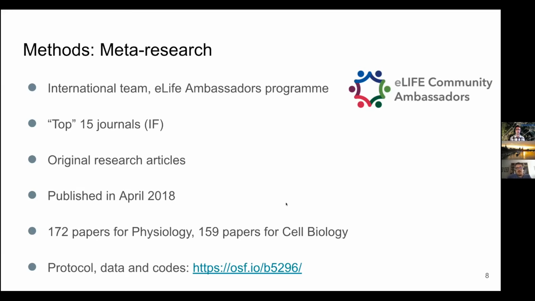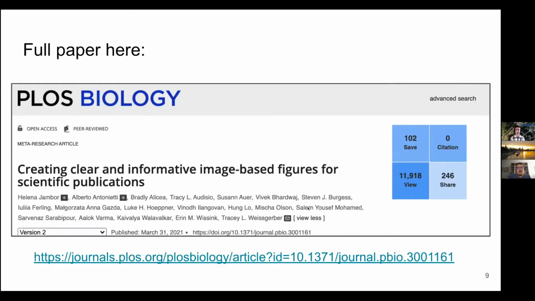A third field was plant science, but it's of less interest for neuroscientists. And we screened hundreds of papers in order to evaluate how figures with bioimages were reported. You can find the full protocol, data, and code on OSF. Today, I will just touch on some points. If you are interested, you can find the whole work in PLOS Biology.